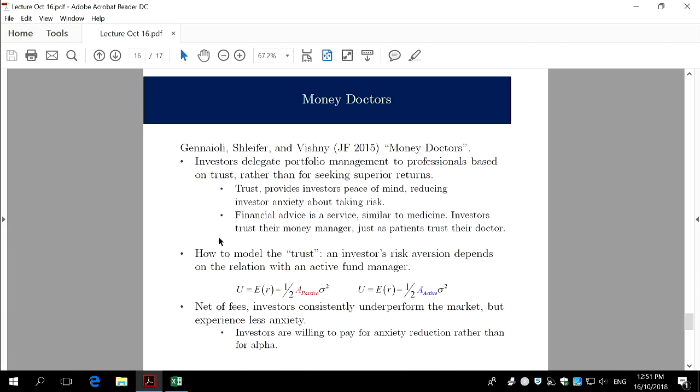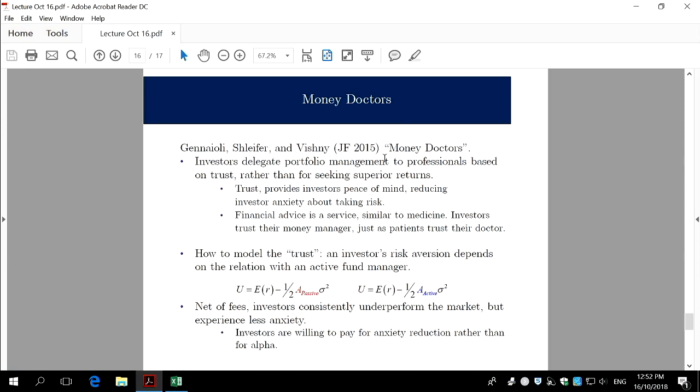So this is a story to tell you why the active funds have bad performance, but active investors still stay with those funds. The reason is the fund manager can provide you peace of mind, and an index fund cannot provide you that. Do you see the difference? But how to mathematically model this trust?